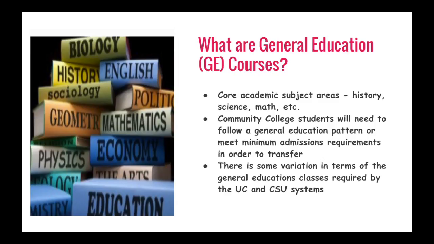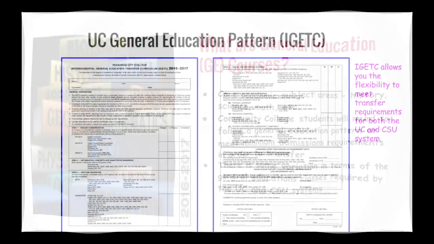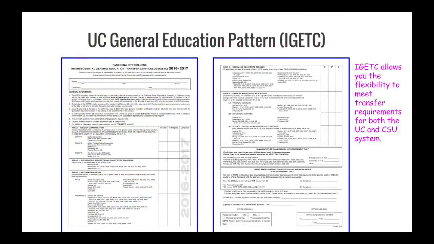Important to note, there is a slight variation in the GE requirements needed for admissions to the UC versus the CSU system. This slide shows the transfer agreement between Pasadena City College and the University of California system. Each California community college will have their own transfer agreement.